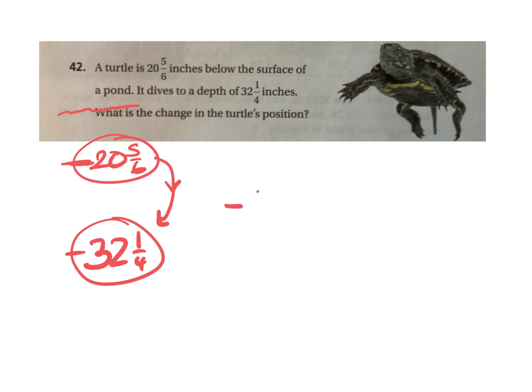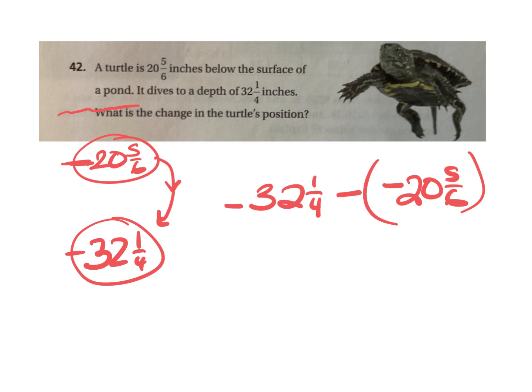Negative 32, oopsie, negative 32 1/4 minus negative 20 5/6. I don't want to subtract them. I want to add the opposite. So we'll add the opposite. And let's see what we get. Well, we have to make it into improper.